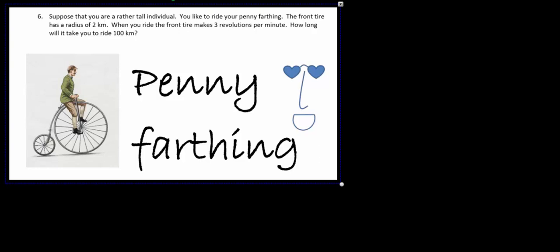What's going on? Okay, so let's just do that. When you ride, the front tire makes 3 revolutions per minute. So we're just dealing with the front tire, and it's 3 revolutions per minute. How long will it take you to go 100 kilometers? Okay, so that's the question.